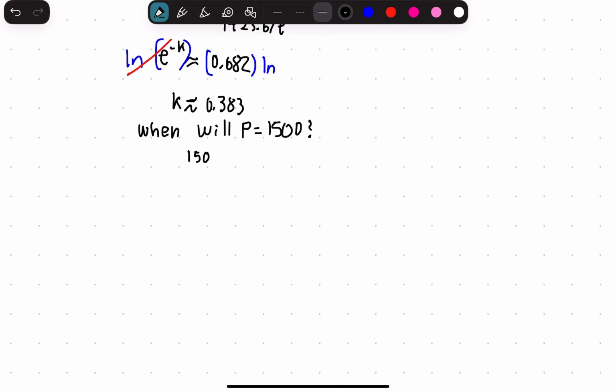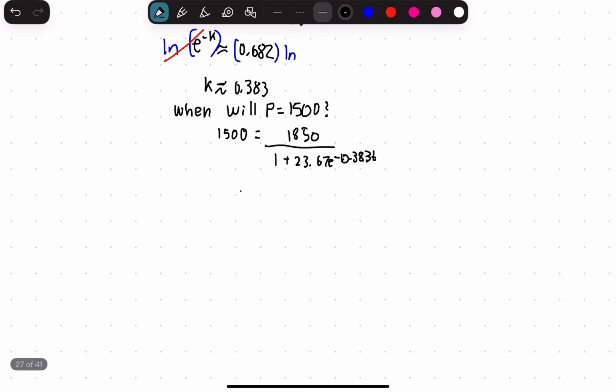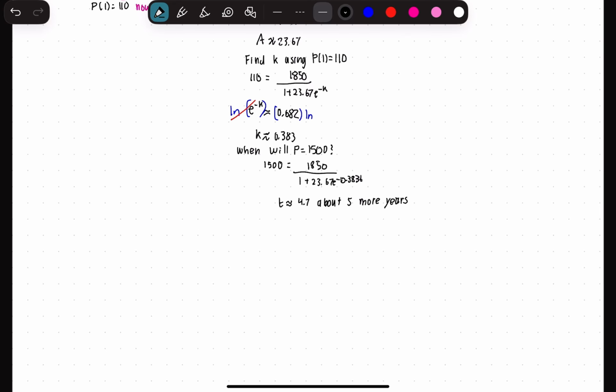So that means you set 1,500 equal to the function, and then you rewrite the model for it, and you have 1,850 over 1 plus 23.67 times e to the negative 0.383t. So when you solve this, you get t is approximately 4.7. So that means about 5 more years until there are 1,500 members.